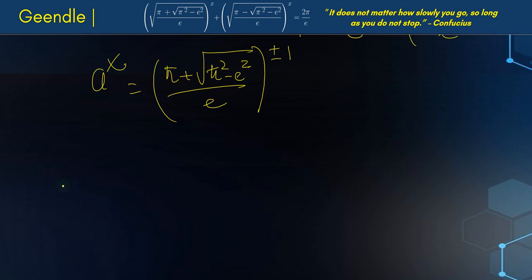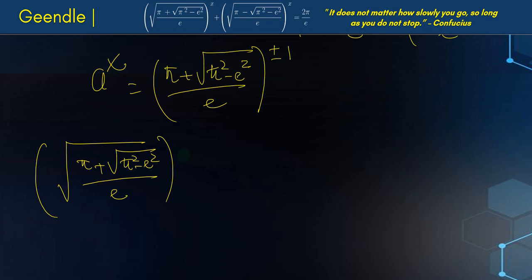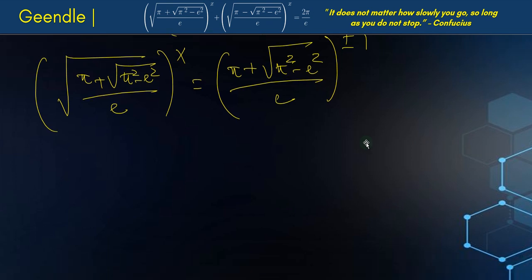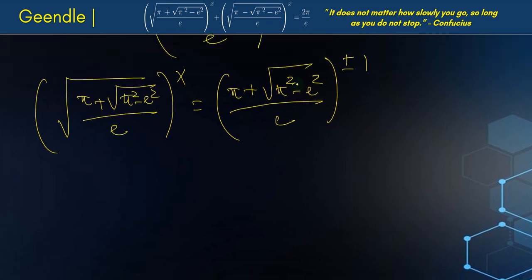So we have that pi plus the square root of pi squared minus e squared over e, to the power of x, is equal to this one here: pi plus the square root of pi squared minus e squared, all divided by e, to the power of plus or minus 1. Now, let's see, this is not equal to this because we have a square root here, but we don't have it here.